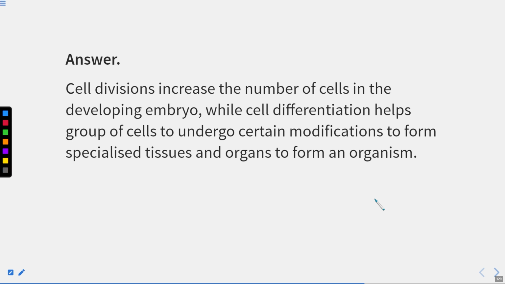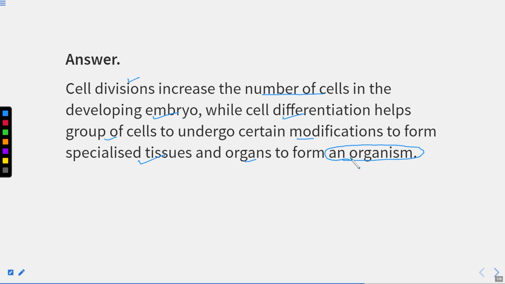Now, let's have a look at the answer. Cell division increases the number of cells in the developing embryo. Okay, cell division is taking place through mitosis, while the cell differentiation helps the group of cells to undergo certain modifications to form specialized tissue and organs to form an entire organism.